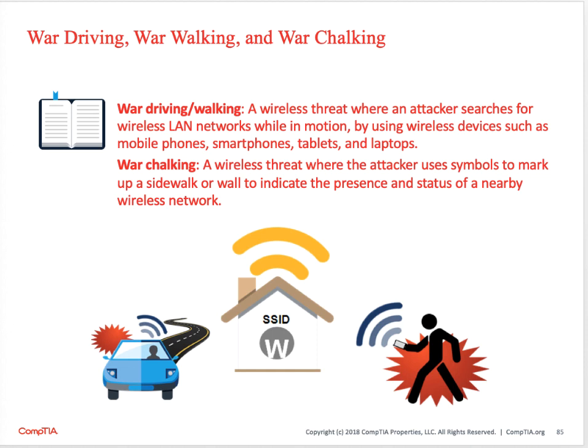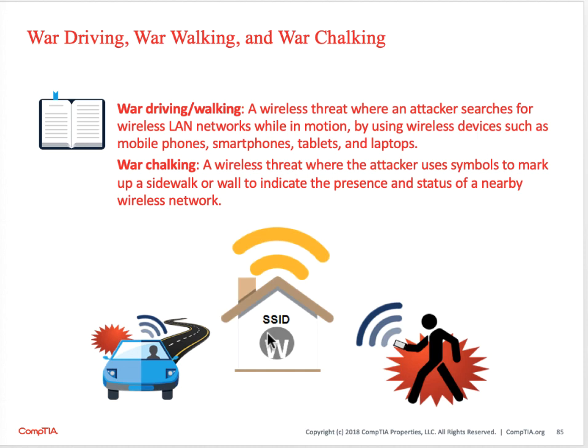And then we have war chalking. War chalking is using symbols to mark up a sidewalk or wall to indicate the presence and status of a nearby network. I've honestly never seen anything like that. I've seen it in Mr. Robot, which is a TV show, where they were marking that there's an open wireless connection point here. A lot of times people do have open wireless.